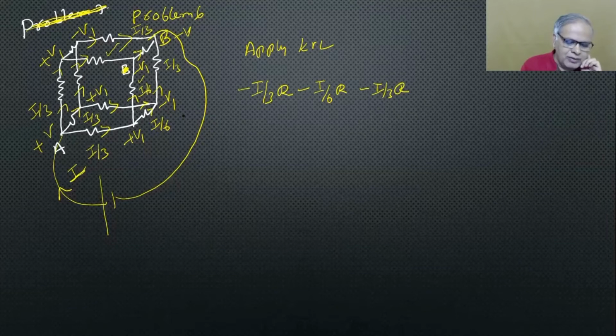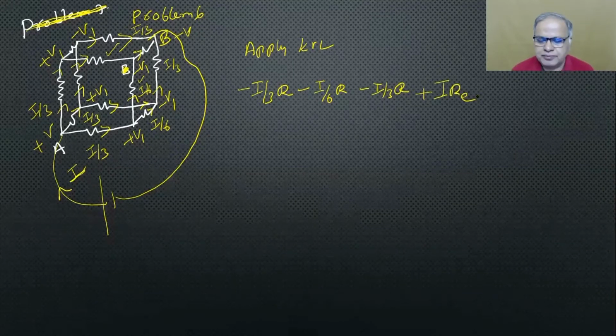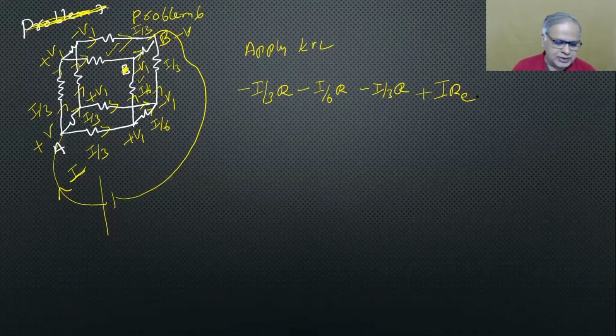If you go like this, but what will be this potential actually? The whole thing is, for example, R effective. The way I move, it becomes plus I into R effective. The whole circuit is having R effective, plus I R effective. I am going from minus to plus. Is it okay, children? Yes, sir. That is equal to 0.